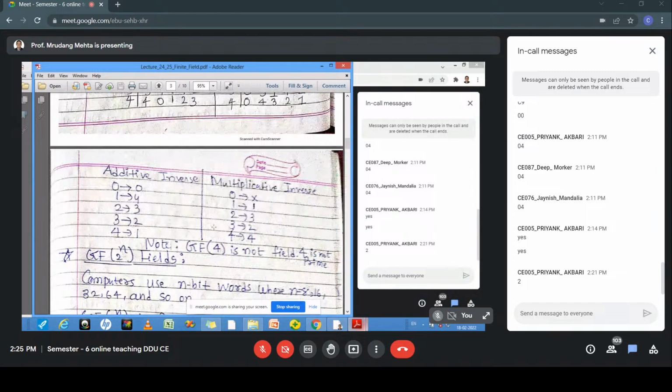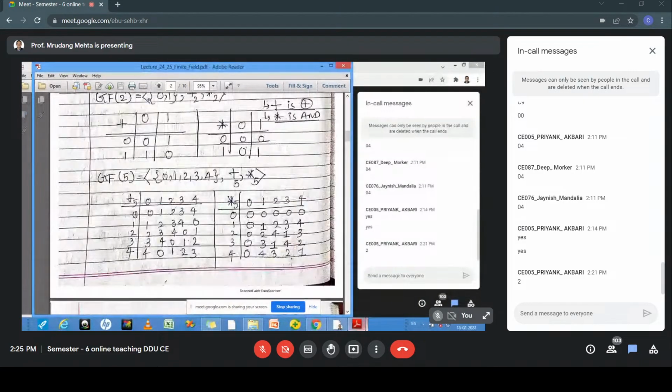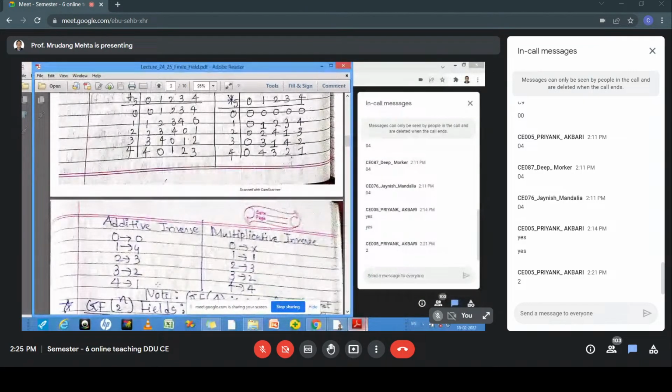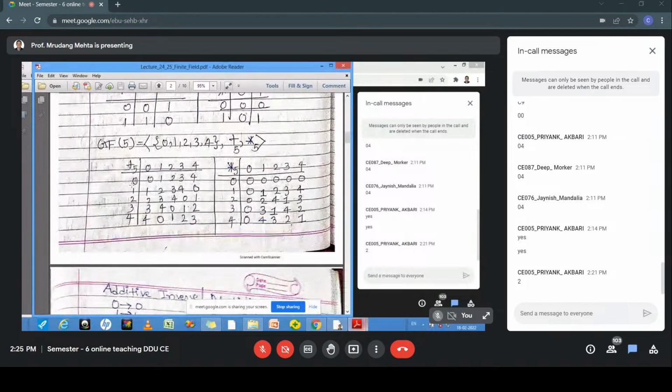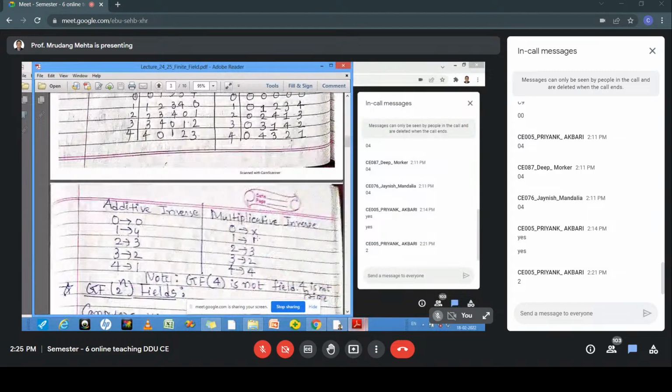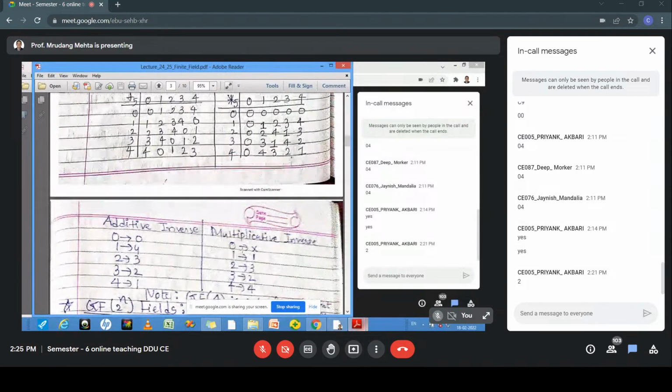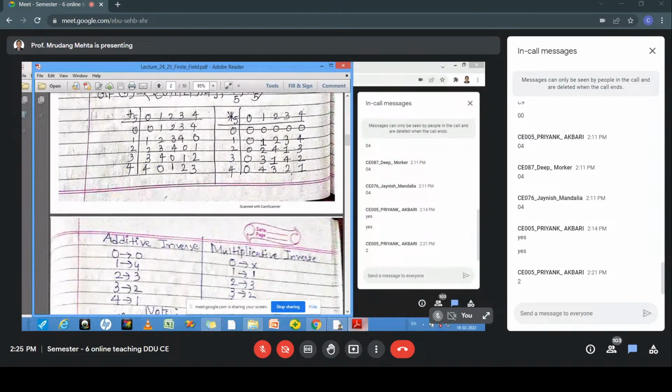So here we have additive inverse. We have 0 as the additive identity. Right? So any number we add 0, we get the same number. Right? And we have multiplicative inverse. So for 0, if you look at this, we don't get multiplicative inverse.